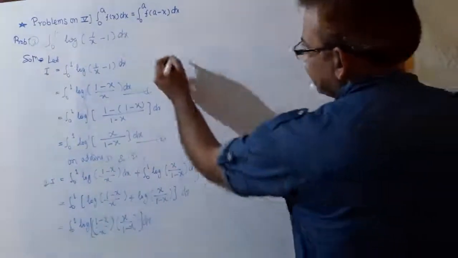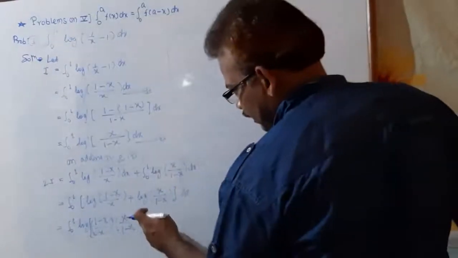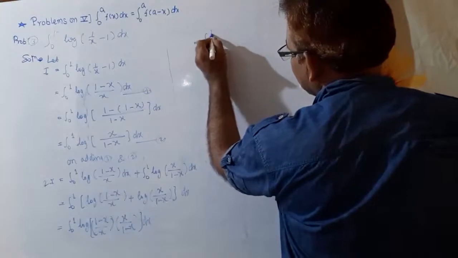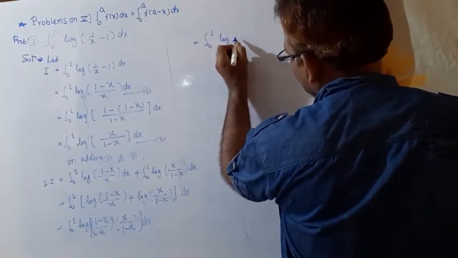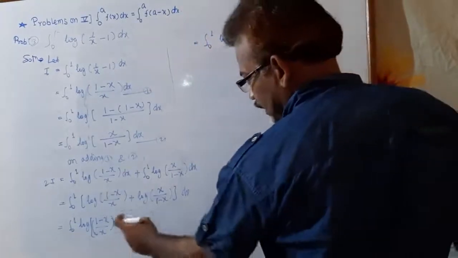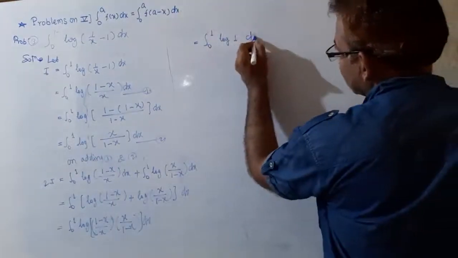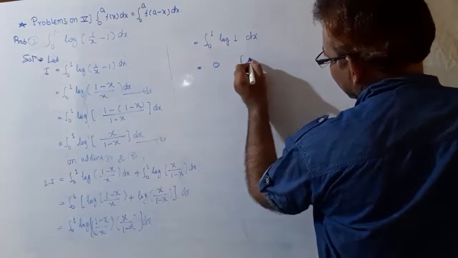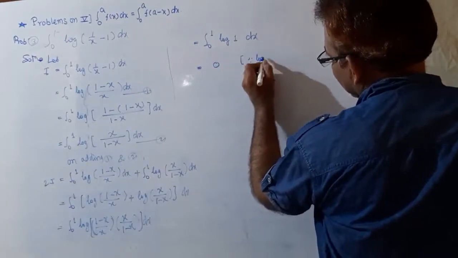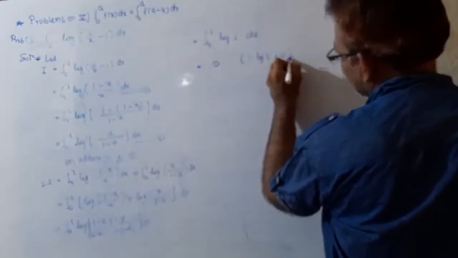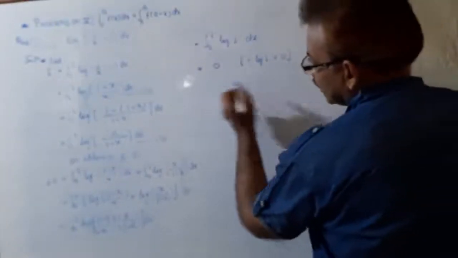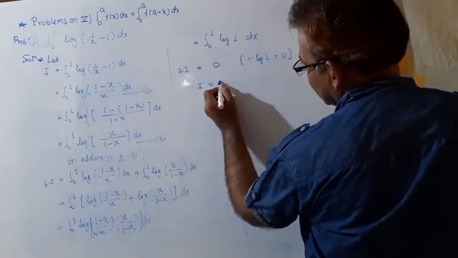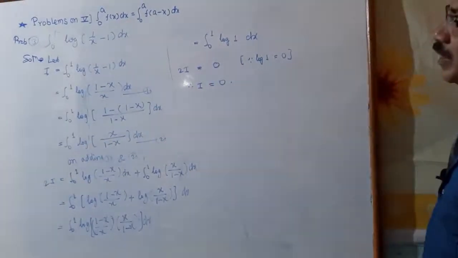So it is equal to, see here this x cancel, also 1 minus x cancel, so it is equal to integration 0 to 1 log, and we get here only 1, x cancel, 1 minus x cancel dx, and that is equal to, we get 0, because we know that value of log 1 is 0, right, and thus left side is 2I, and therefore I equal to 0 divided by 2 means 0, and thus solution completed.